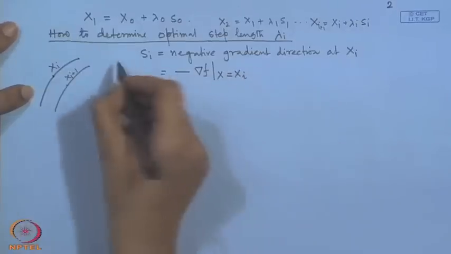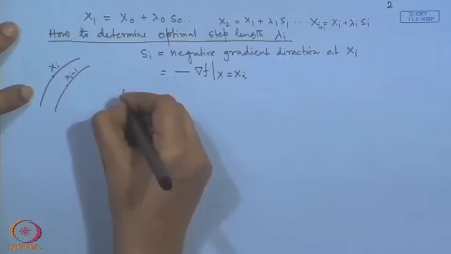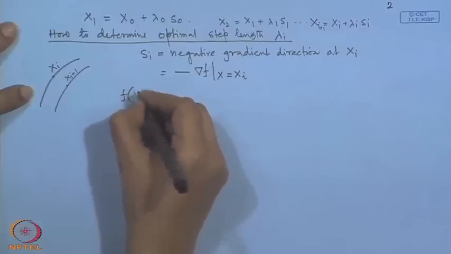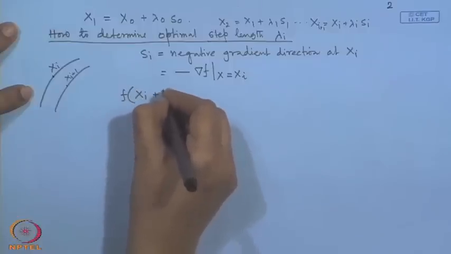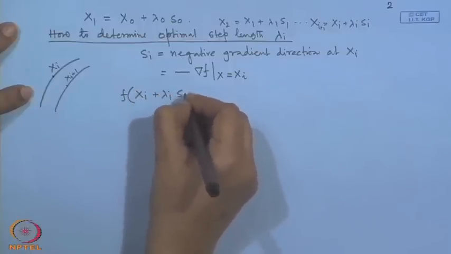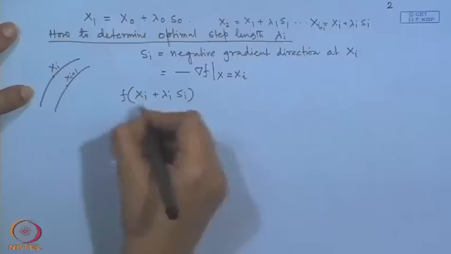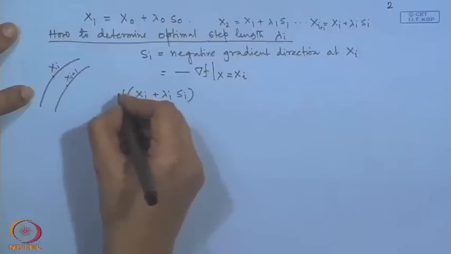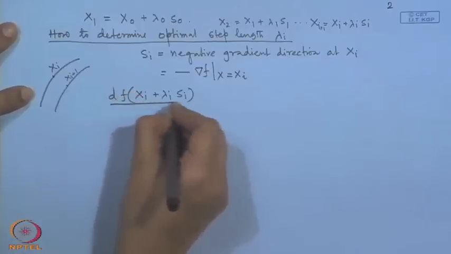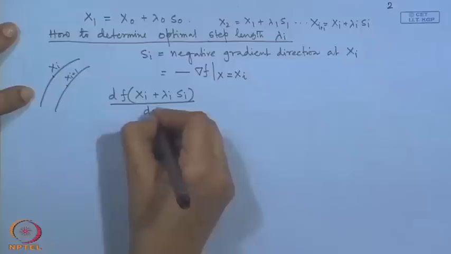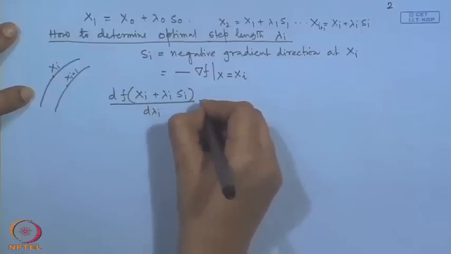Now, for finding out lambda i, we will find the functional value at point xi plus lambda i si, and we will consider that value of lambda as optimal where the derivative is equal to 0.